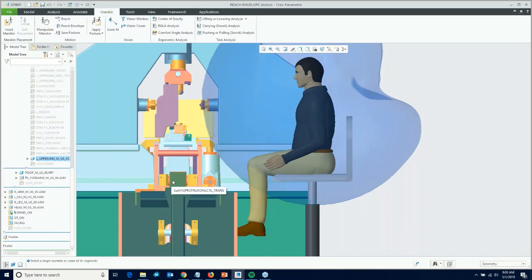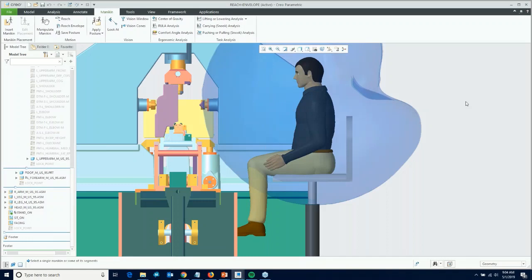All right. So this is, in a nutshell, from a high-level overview, what you can do with the Human Factors module inside of Creo Design Essentials. You can use realistic human models, put them in your design, and test how they can reach, access, touch, push, and pull different items.